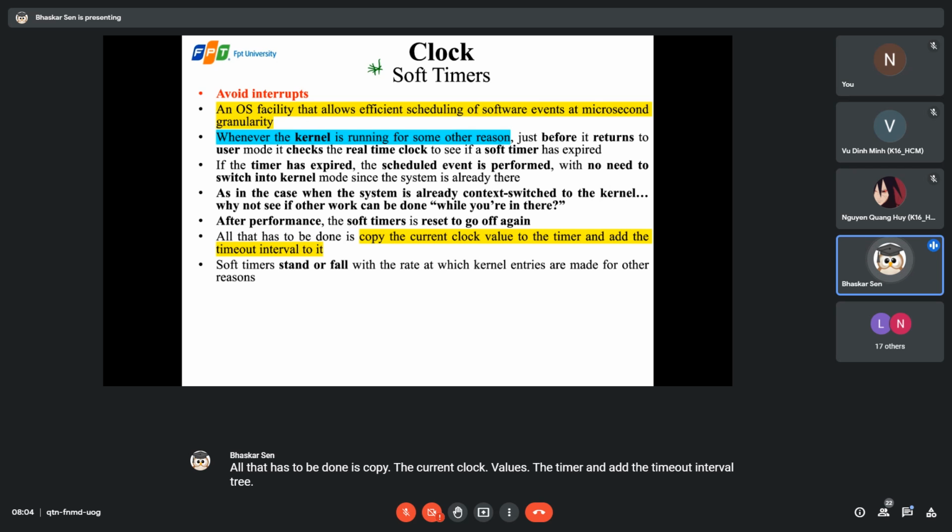So that's all you have to do. The soft timers stand and fall. This is an important piece of information that you're looking at.